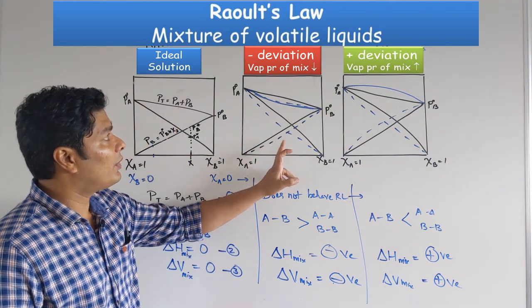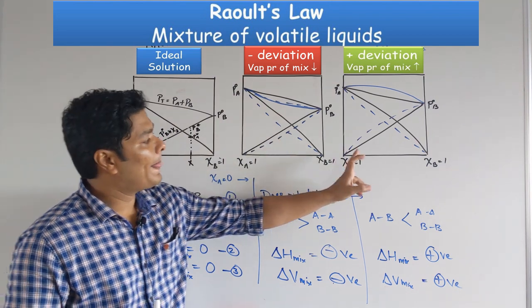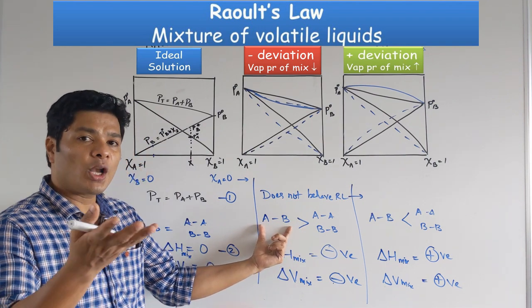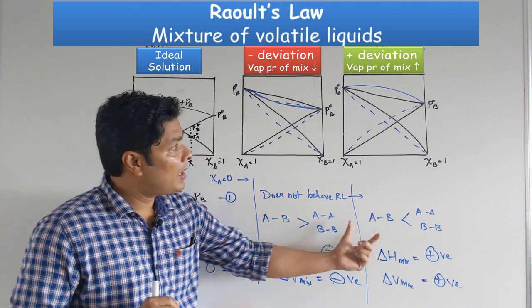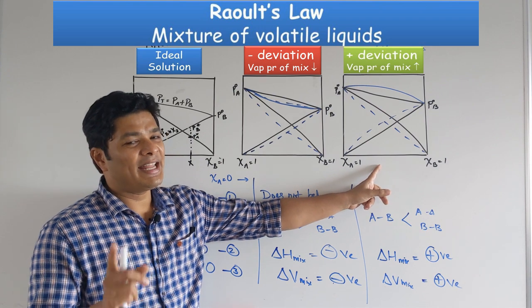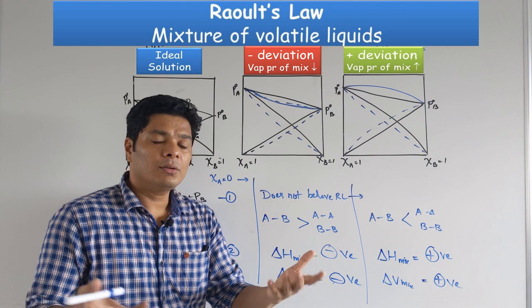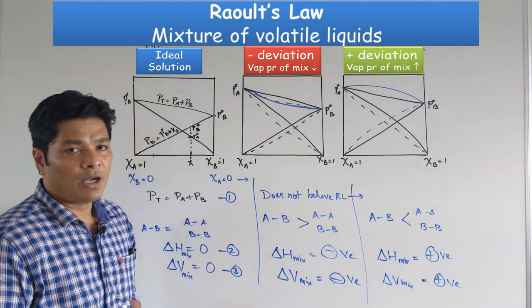Negative deviation of Raoult's law in vapor pressure is positive deviation in boiling point, meaning such a system interacts much better, so the boiling point has gone up. All your acid and water mixtures will be higher. Similarly, the positive deviation in vapor pressure of Raoult's law is going to be negative deviation in boiling point. They are not going to interact very well, so I don't have to put in a lot of energy, it will easily go away. This is the fundamental behind Raoult's law.